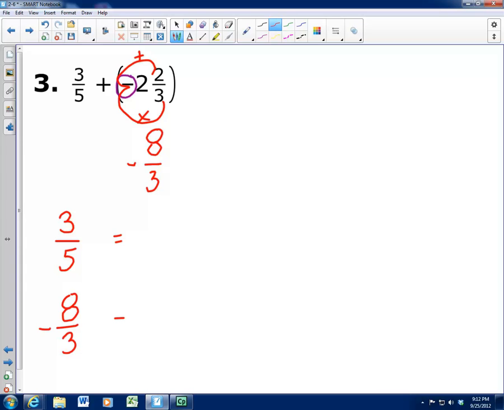And again, I'm going to set that equal to something. All right, now let's take a look at this and figure out what my common denominator is going to be. Well, again, on this one, there's no number smaller than 15 that both of these numbers, 5 and 3, will go into. So that means my common denominator has to be 15 for both of these guys.